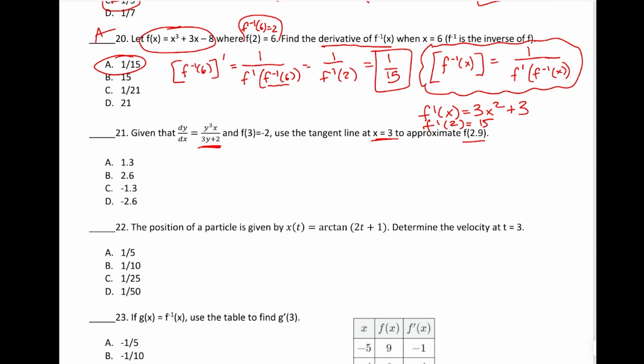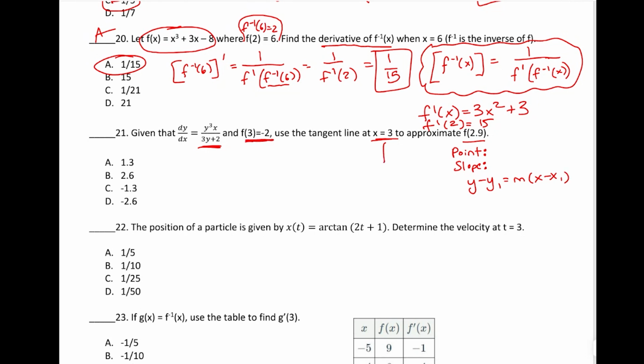Anytime you're trying to use a tangent line for approximation, we're going to write that tangent line the same way we write all of our tangent lines, which is to say we're going to identify the point of tangency, we're going to find the slope at that point, and then we're going to write our equation in point-slope form.